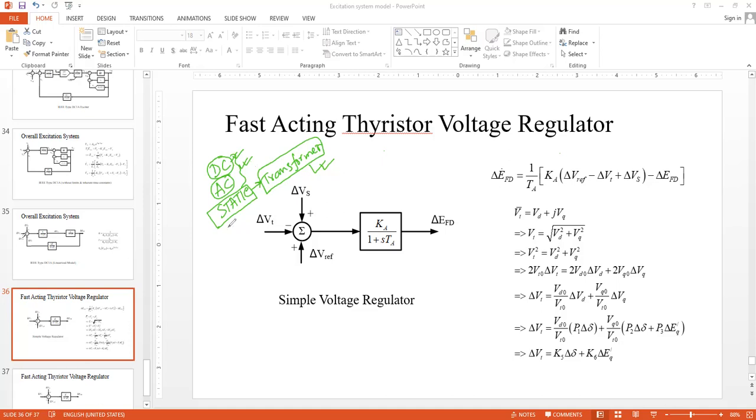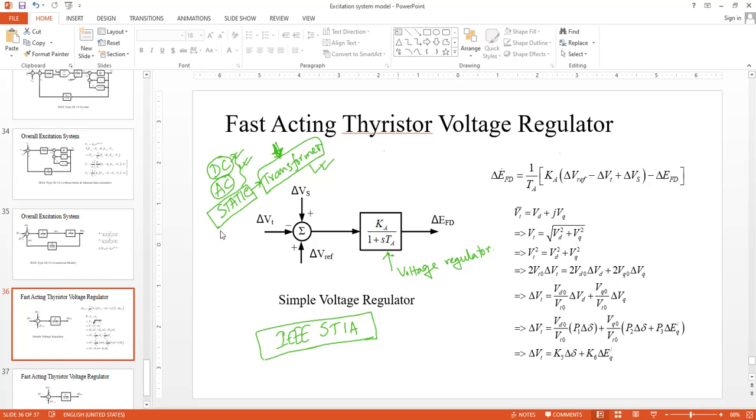So this is what you can call the simplified ST1A. This is the IEEE model, but this is the simplified version, IEEE ST1A. So you don't see any exciter block here, okay? This is simply the voltage regulator block. Why are we not using any exciter? Because the exciter system is nothing but simply a transformer. There is no rotating device.